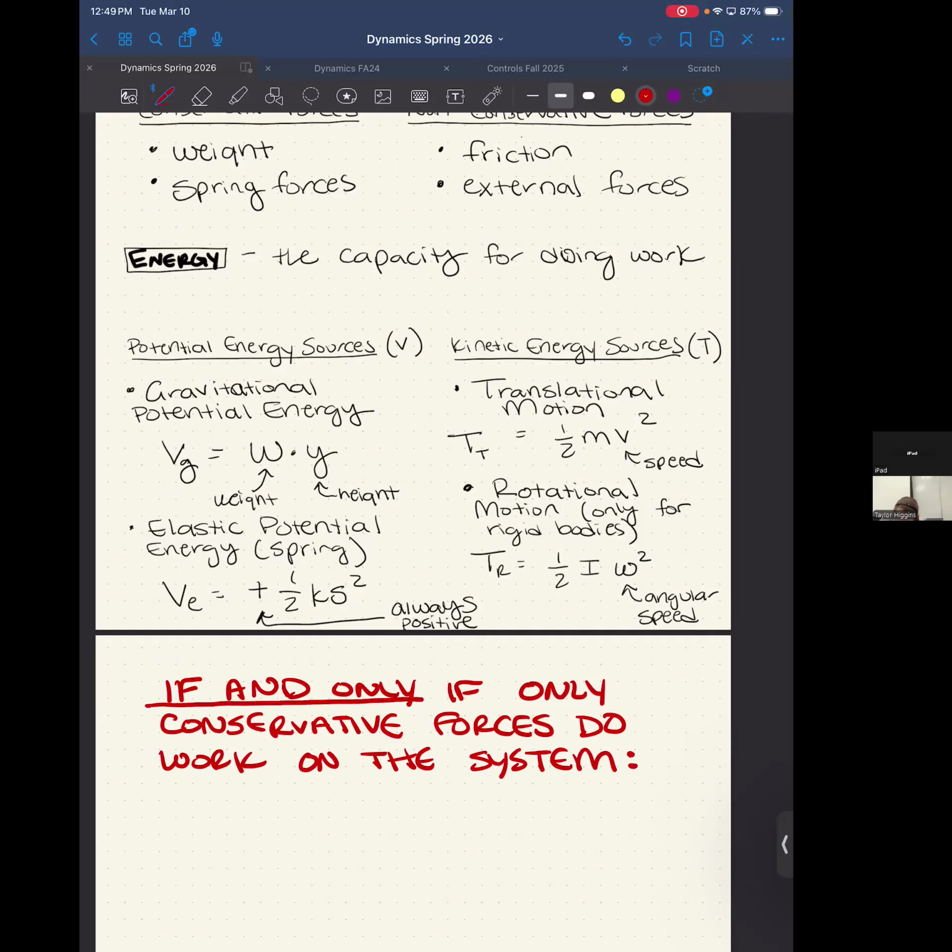If and only if. Okay, so if there's friction doing work on our system, we can't use this equation. Friction is right out.